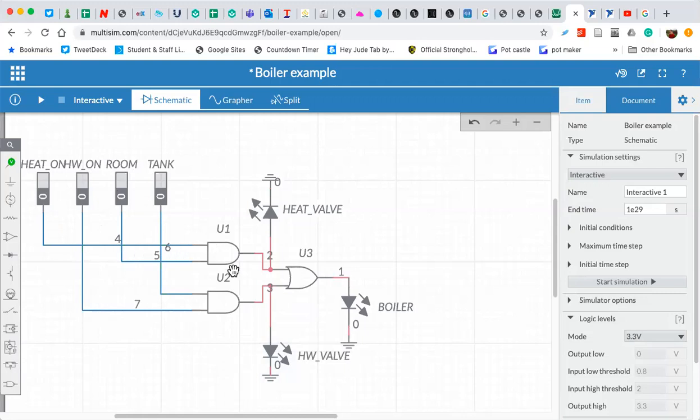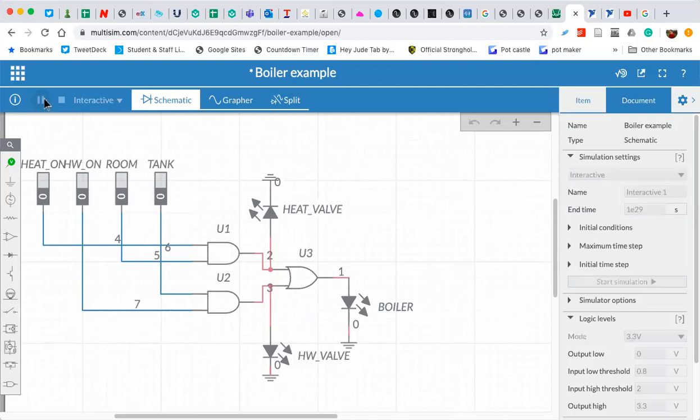And we've had I and C, or C and D, and then the valves, one comes off I and C, and the other one off B and D. And then this output is the boiler output.